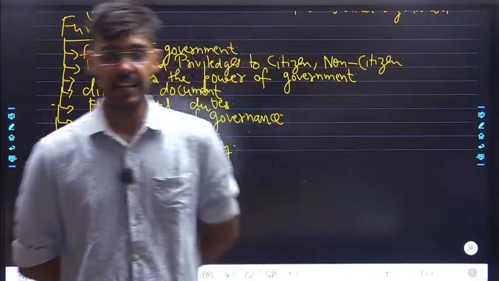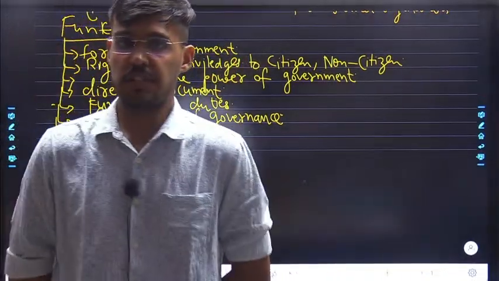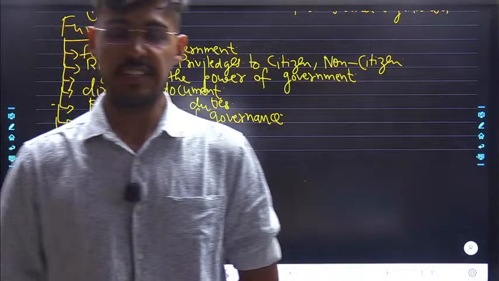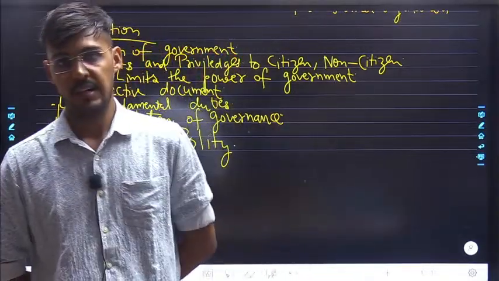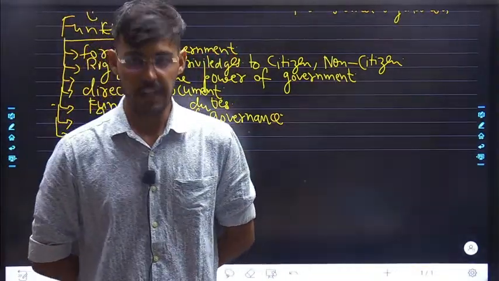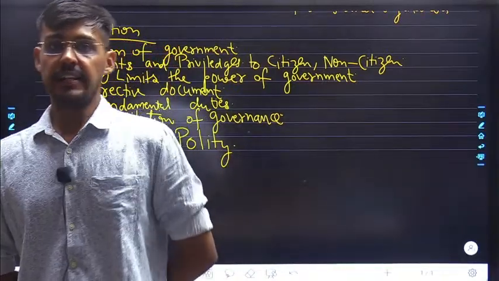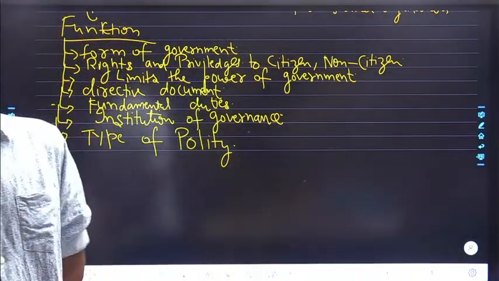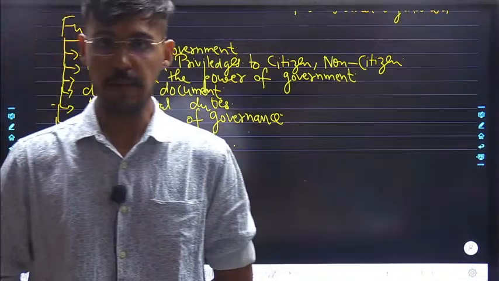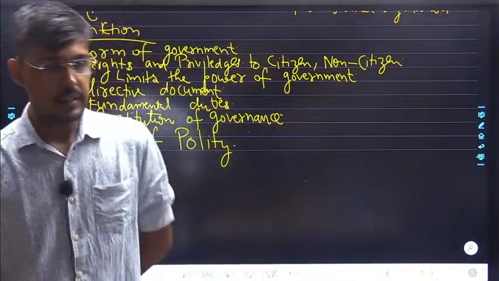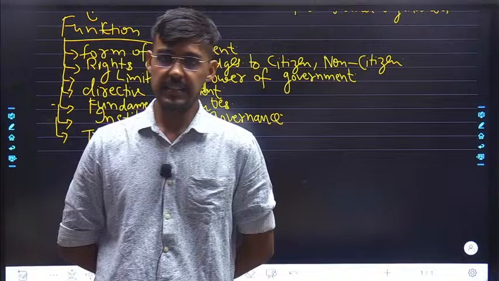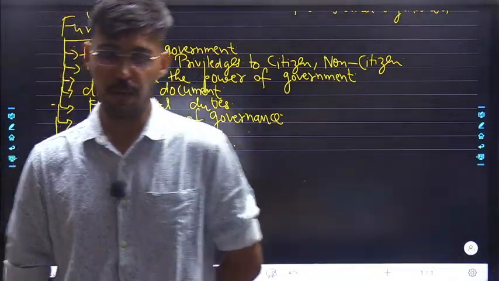There are many countries in the world that follow this type of system. The most important example is United Kingdom. United Kingdom is a unitary polity. The other type of a polity is a federal country, federal polity. The meaning of the word federal is devolution of power.